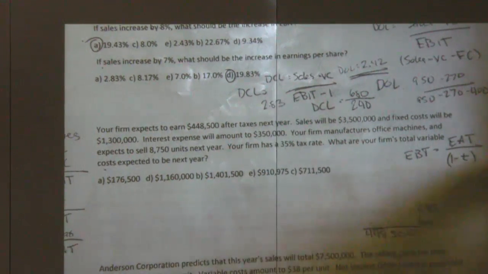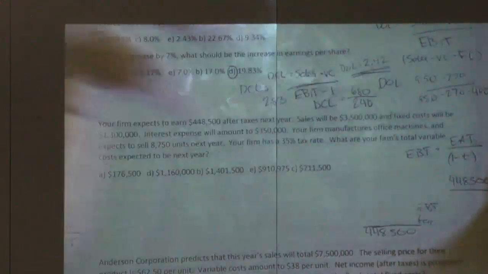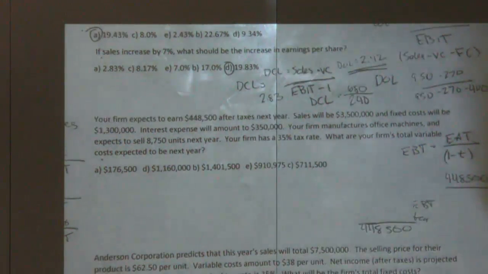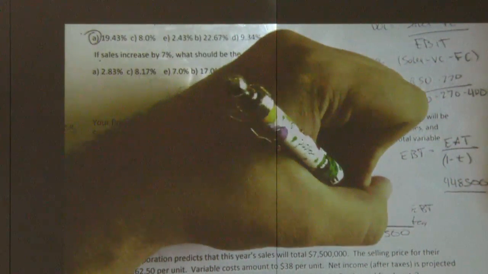So after taxes is 448,500 divided by 1 minus 35%, which would be 0.65. So we're doing 448 divided by 0.65. When we do that, we end up with an EBT of 690.